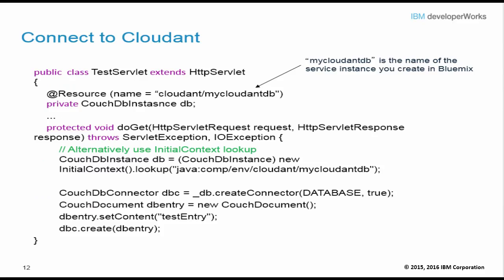You can connect your application to Cloudant by specifying the Cloudant database name, for example, myCloudantDB, in the resource dependency injection or initial context lookup of JNDI name of Cloudant database. Also specify myCloudantDB as a service bound to the application in manifest.yml file.